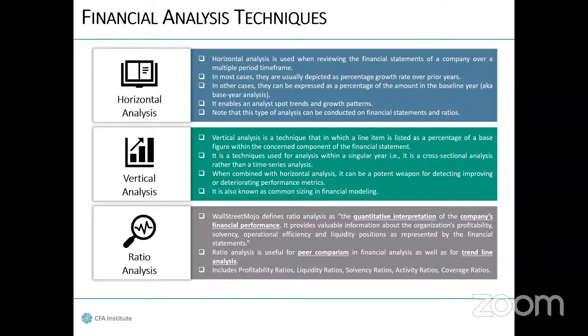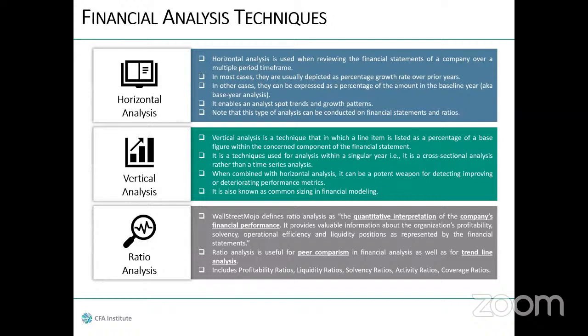Ratio analysis is typically useful when you are doing peer-to-peer comparison and trend analysis. Trend analysis is comparing across years for a single company, while peer comparison is comparing one company to another company.